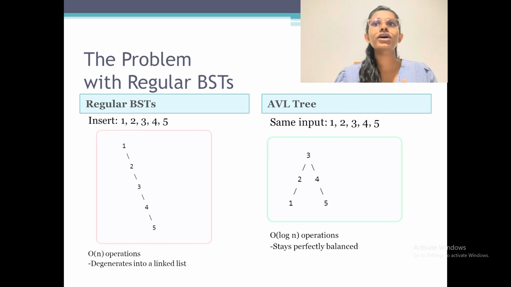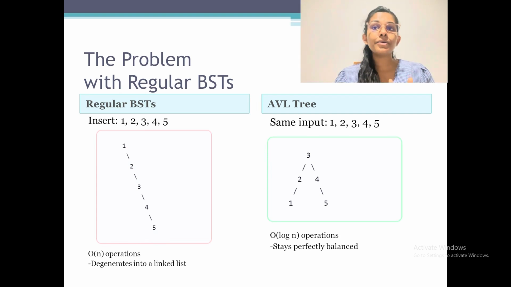That's terrible for performance. AVL trees solve this problem by automatically rebalancing themselves after every insertion or deletion operation. This ensures that the tree remains approximately balanced, guaranteeing efficient operations like search, insertion, and deletion.